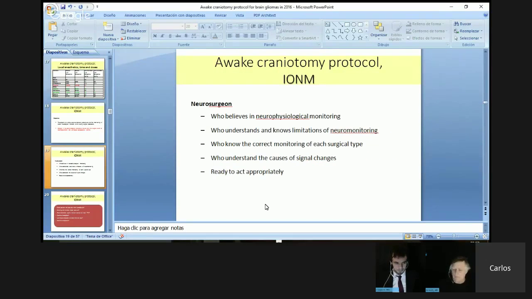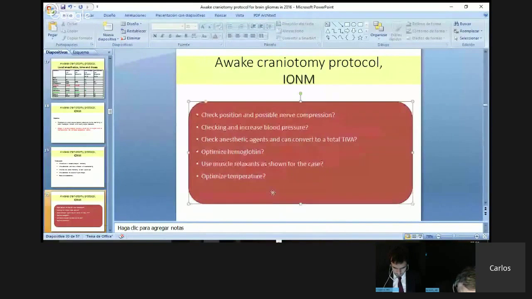For that, we need a neurosurgeon who believes in neurophysiological monitoring, who understands and knows the limitations of the neuromonitorization, who knows the correct monitoring of each surgical type, who understands the causes of signal change, and is ready to act appropriately.